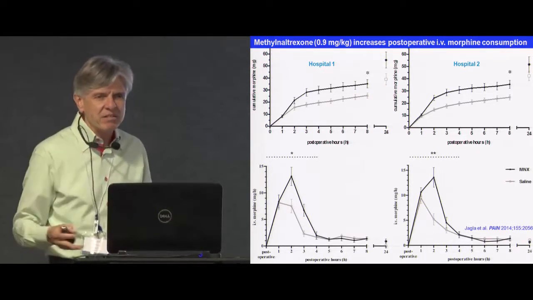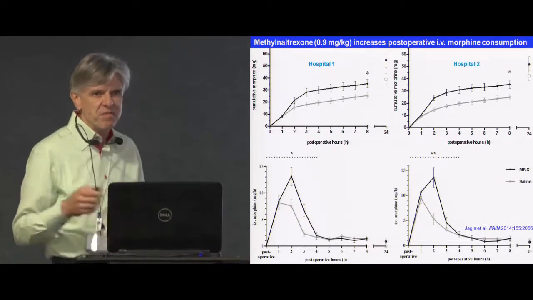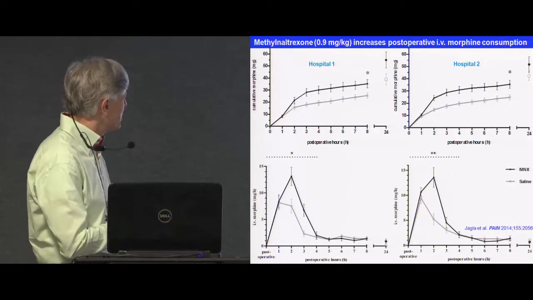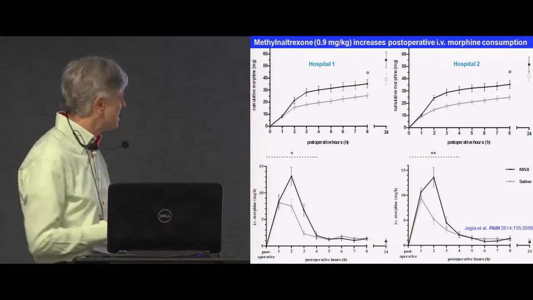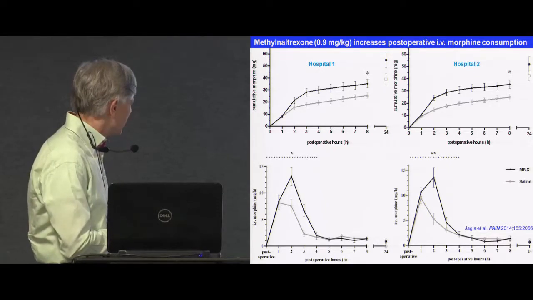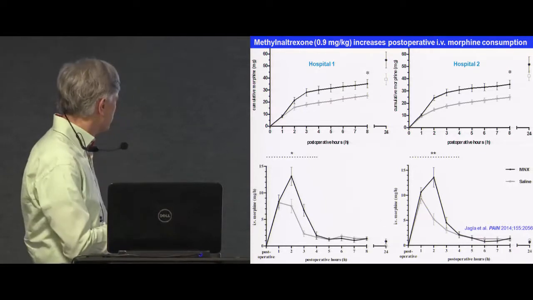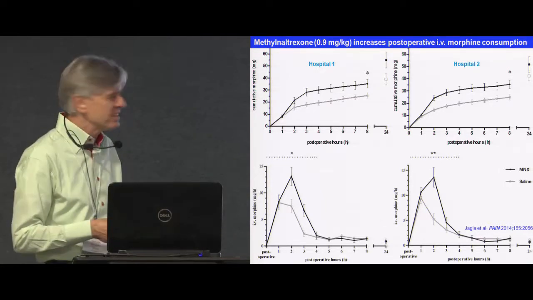In this case, again, patients undergoing knee replacement surgery, very painful surgery. We did this in 2 different hospitals, totally independent, 2 studies. We looked at 8 hours after the operation. We observed these patients with visual analog scales, with numerical scales.